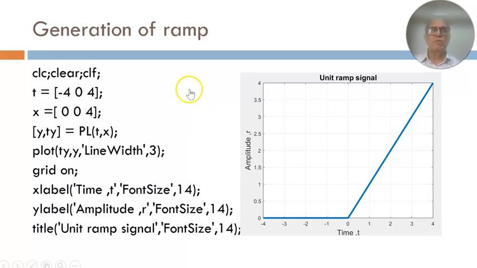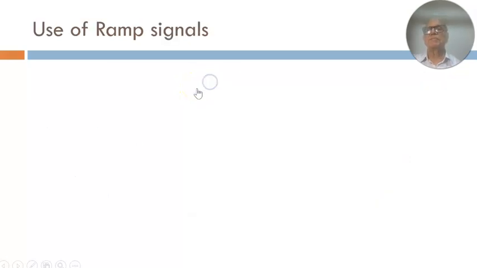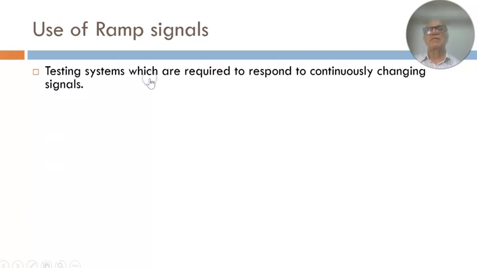Now what we want to do is to study what is the application of this. So use of ramp signals. So this is often used to test systems which are required to respond to continuously changing signal. Okay. Remember, our step input, it changed only once. It jumped from 0 to 1 at t equal to 0, and then it remained constant. And all the system had to do was to catch up with it.